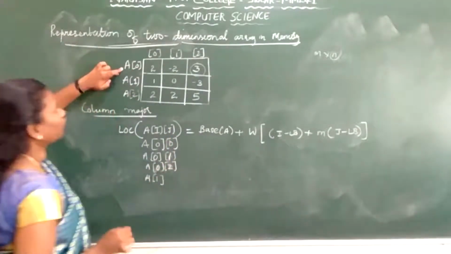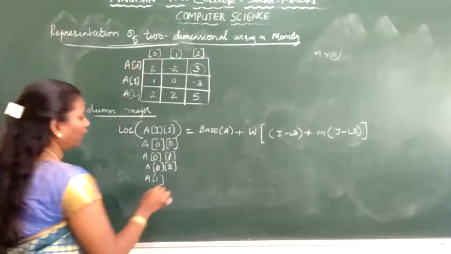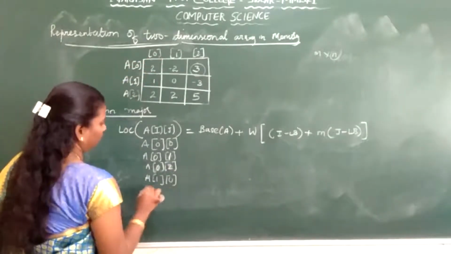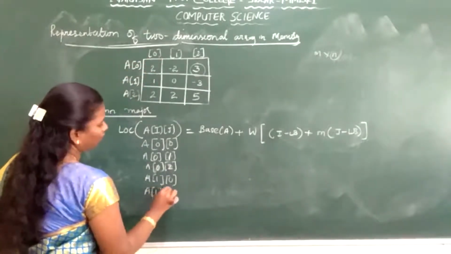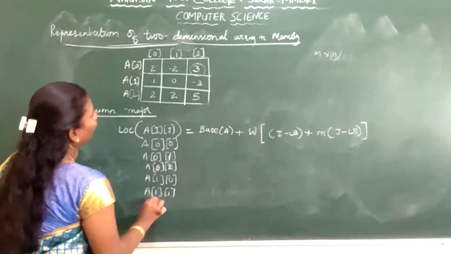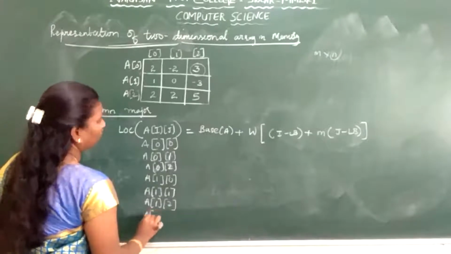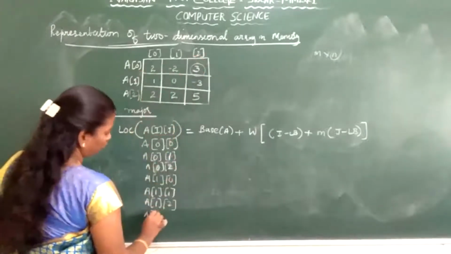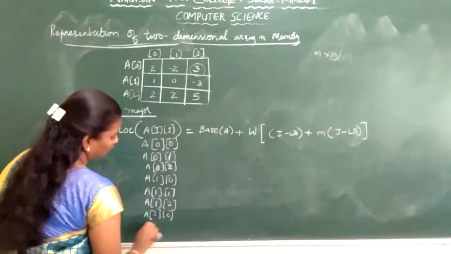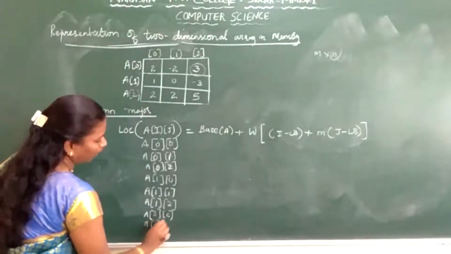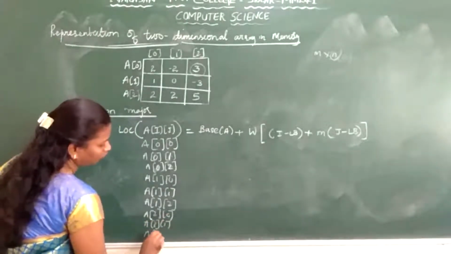Okay, this is for a column major. Next column, A of 0, 1, A of 1, 1, A of 2, 1. Next, A of 0, 2, A of 1, 2, A of 2, 2.